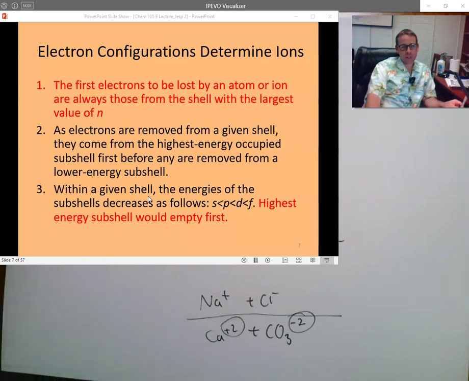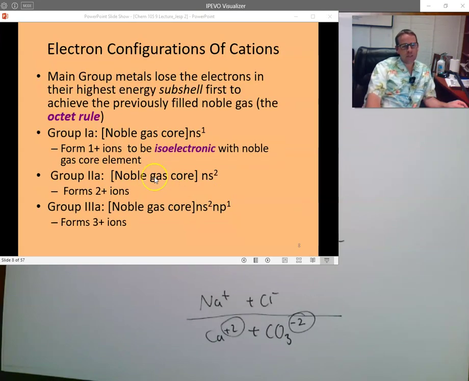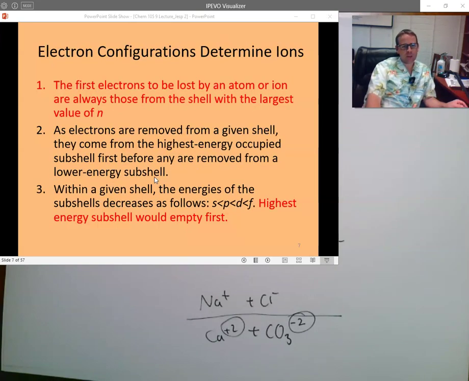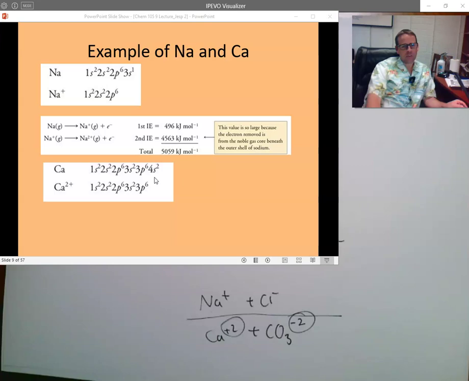So, we've already started using electron configurations to determine ions. And these two slides here talk about how that is done. And here are some examples, right? Sodium's electron configuration. We look at the highest N value. We see how many electrons there are. There's one 3s electron here.